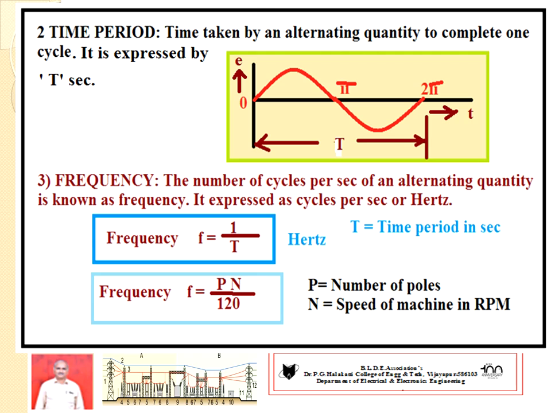Any data you want to calculate, if two data are available, then you have to use it. Therefore, f equals PN by 120, where P is number of poles of machine, whether it may be AC or DC. N is the speed of machine.